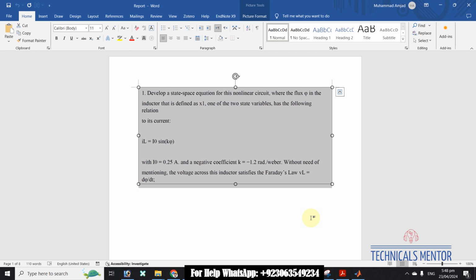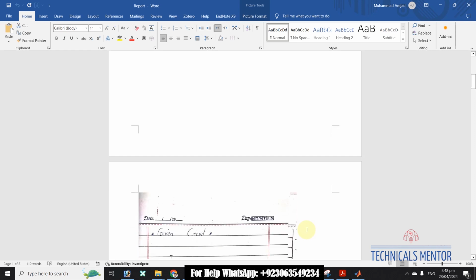Needless to mention, the voltage across this inductor satisfies Faraday's law: VL is equal to d phi over dt.